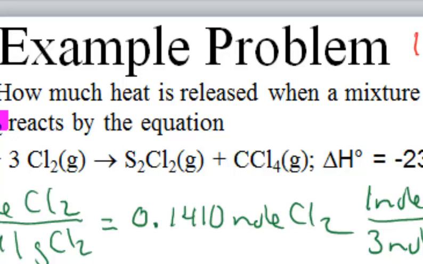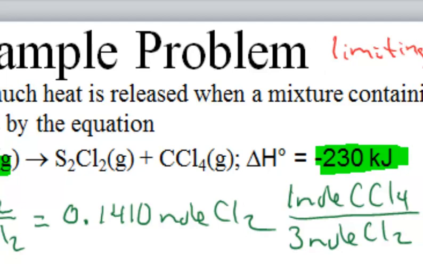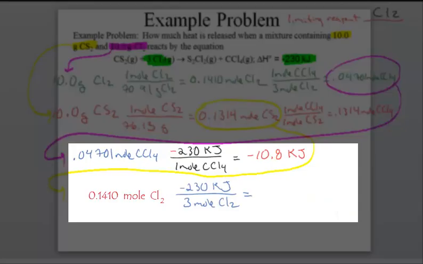The chemical reaction says for every 3 moles of chlorine that reacts, 230 kilojoules of energy is released to the surroundings. We use those numbers for our proportion, and when you do that math, you get exactly the same number, negative 10.8 kilojoules.